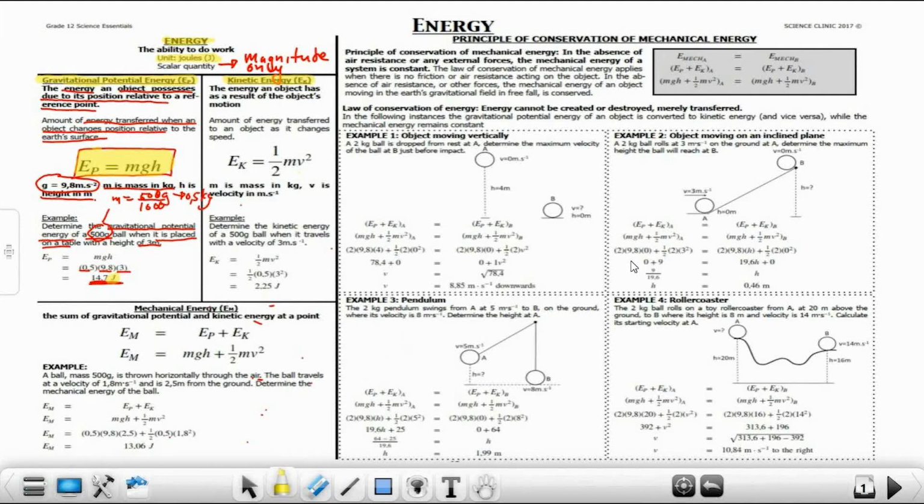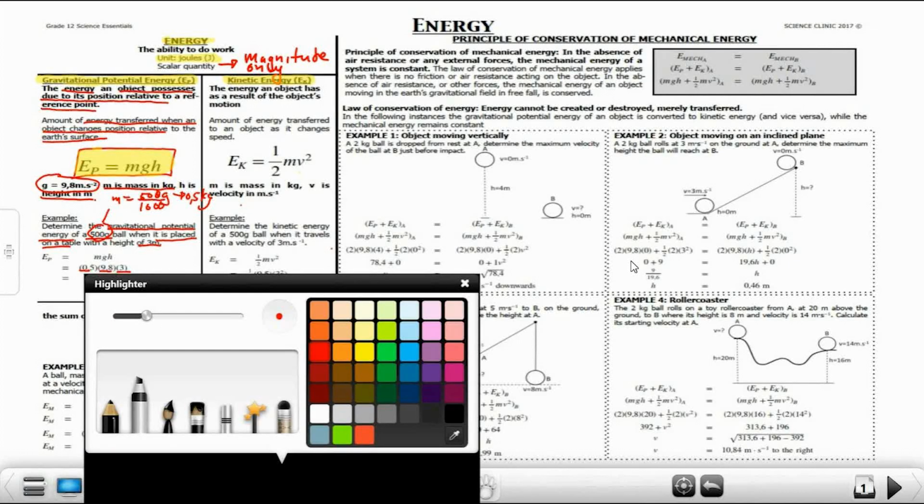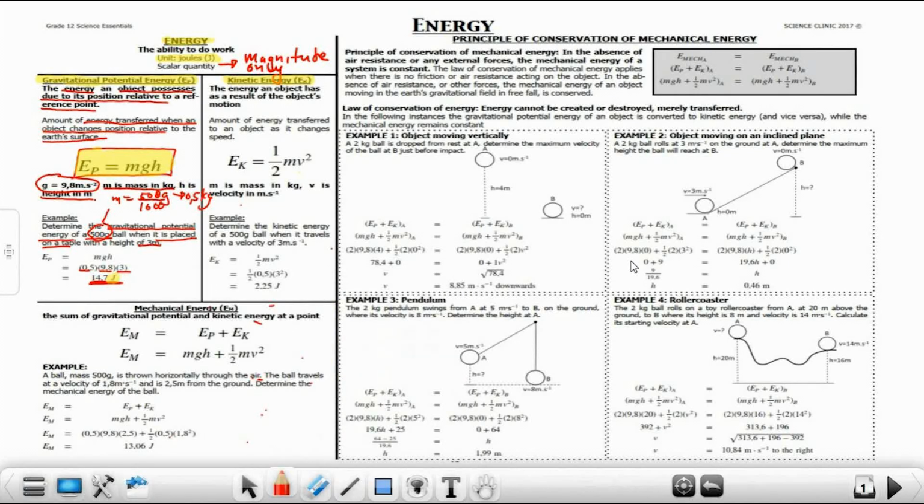What is that energy? That energy is called the kinetic energy. So kinetic energy is the energy an object has as a result of the object's motion. So what is this saying to us? This is basically saying we need to have an object that is moving.